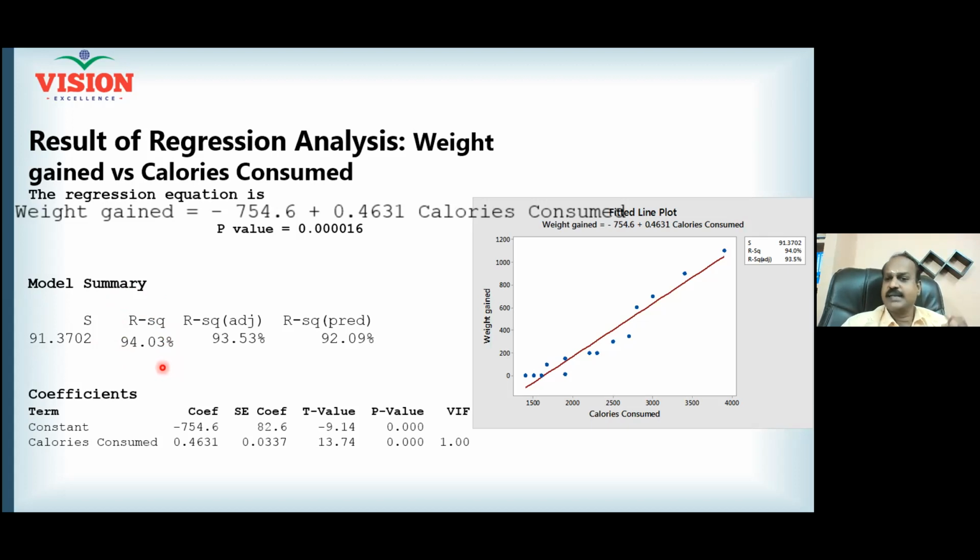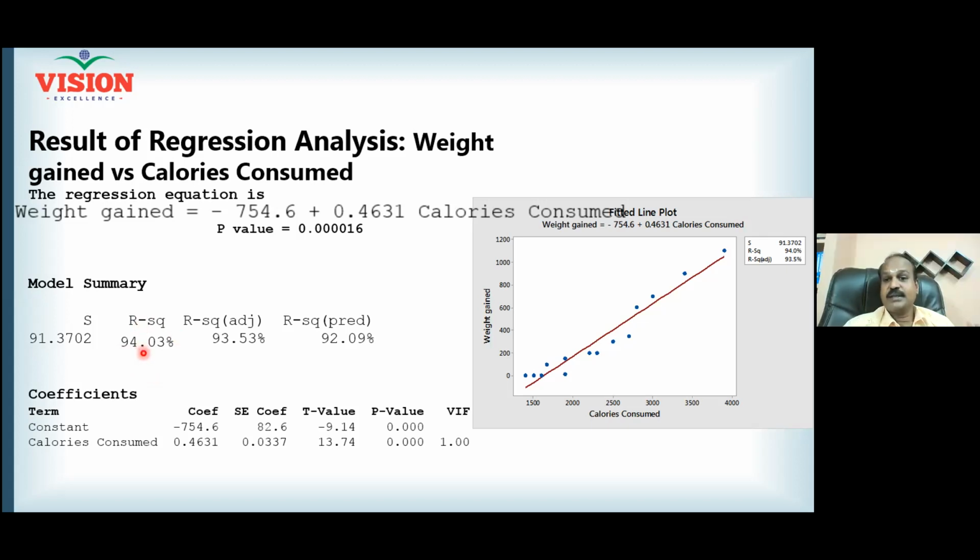If not, at least it should be 80%, right? But if it is less than 80%, your regression model is weaker. That means another 20% of the problem is due to some other new factor which you have not understood. Here, how many percentage of the problem you are not able to understand? Only 6%. That is the significance of R square.